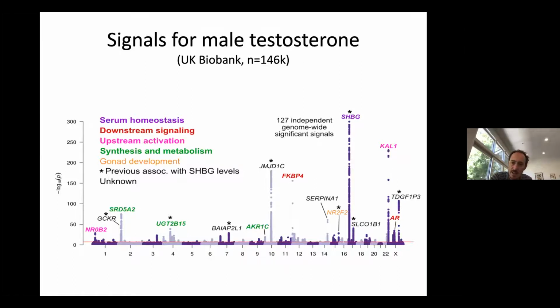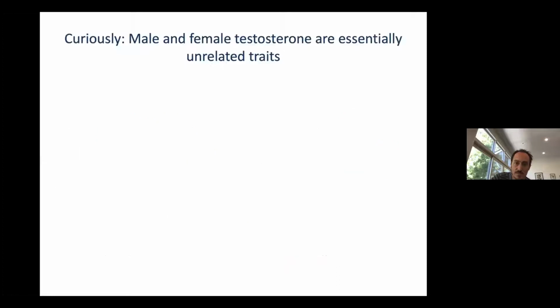I'll talk about this in a minute, but it turns out that SHBG induces a negative feedback loop, so that when you have higher levels of SHBG, it actually winds up stimulating testosterone production, but it only does that in males. And this helps to explain why we see this strong SHBG component in males, but not in females.